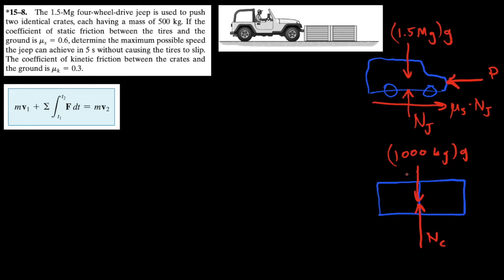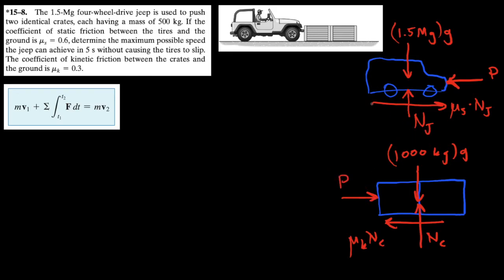We have friction, which is going in this direction because the friction is opposing the travel. We have kinetic friction, so that means N sub C times mu sub k. And then we have P, the force that the crate exerts on the Jeep, pointed in this direction.